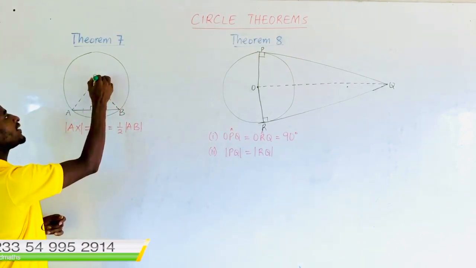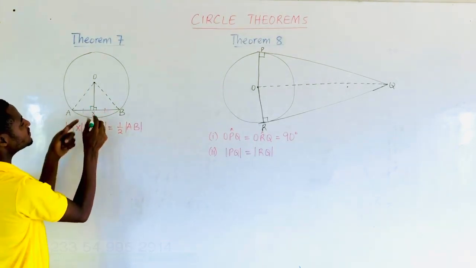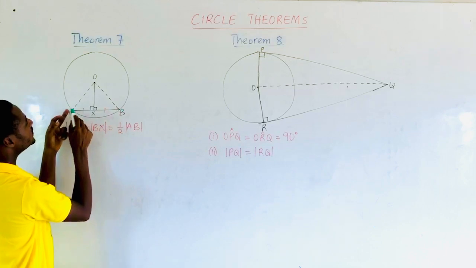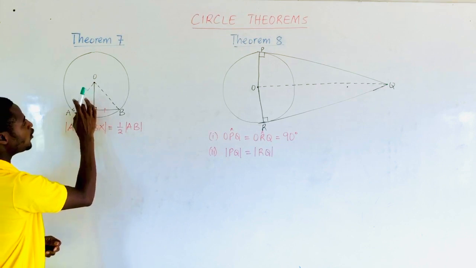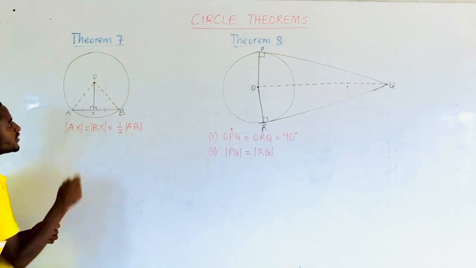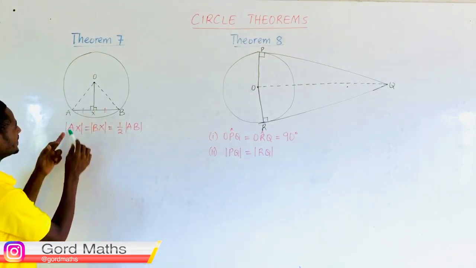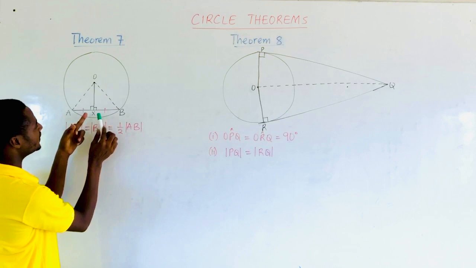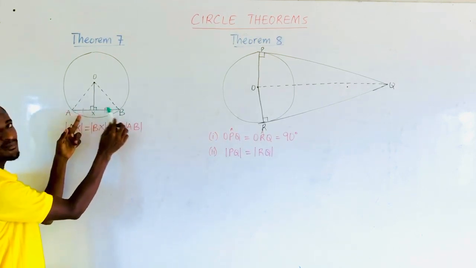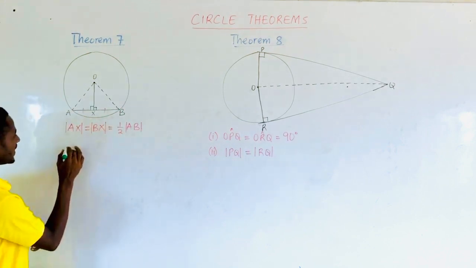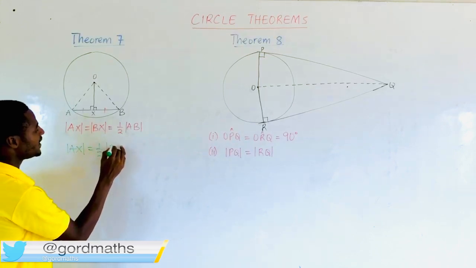Now when we draw a line from the center of the circle to the chord, then that line is perpendicular to the chord and also divides the chord into 2 different halves. This is because the chord is the base of the isosceles triangle AOB. And so from this diagram, we would say that line AX is equal to line BX, which is equal to half of the total line AB. Or we can say that the line AX is half of the line AB.